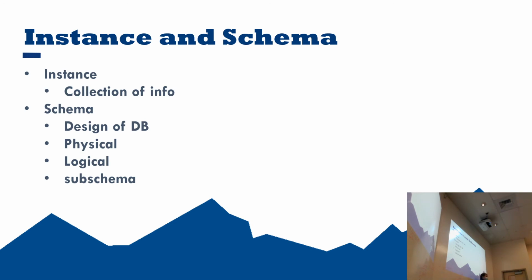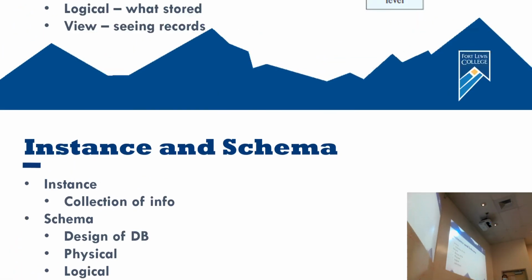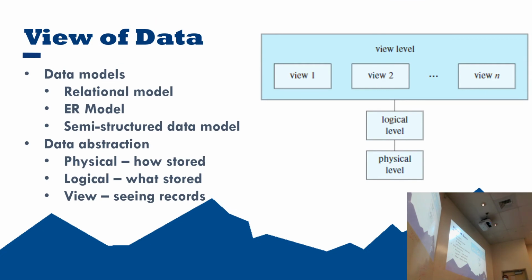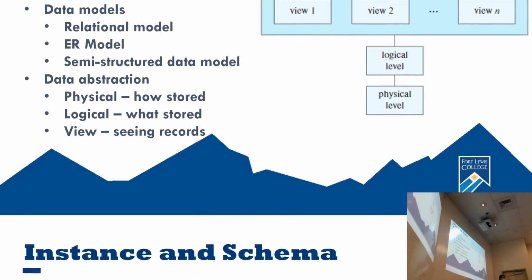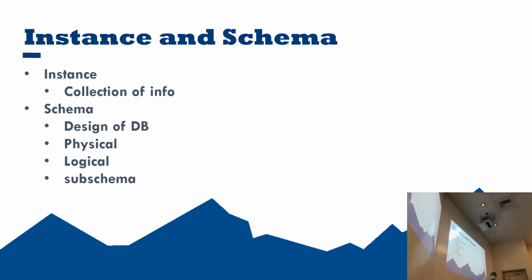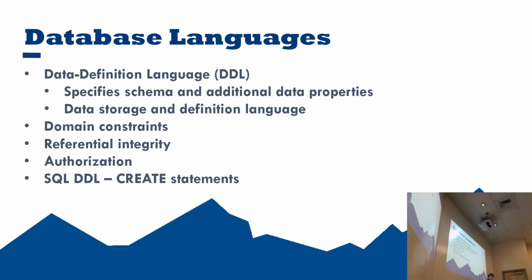We just talked about physical, and that's how the information is stored. Logical being, of course, what information is stored. So it's concerned with these two layers, right? Does everyone understand that? And then also we can have a subschema. If a schema is a design of the database, a subschema is going to be a design of part of the database. So pretty straightforward there.